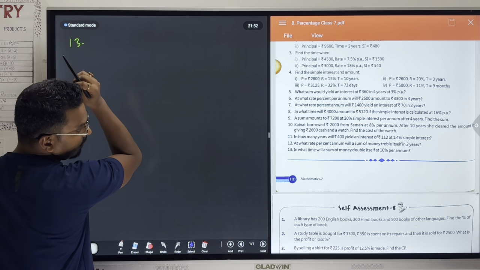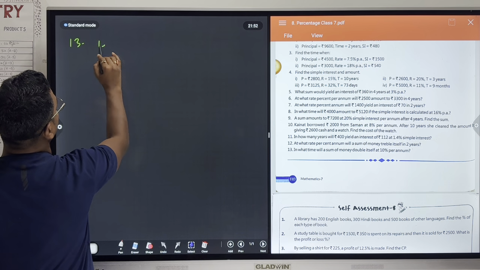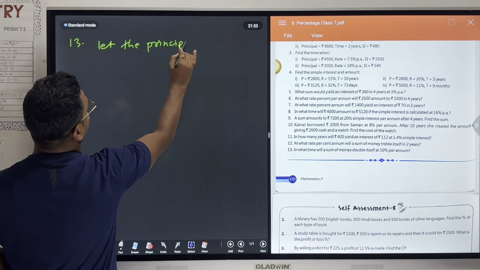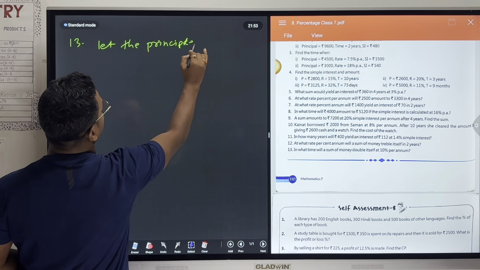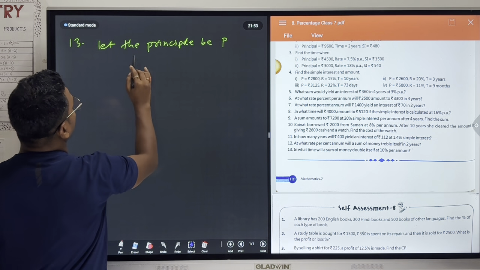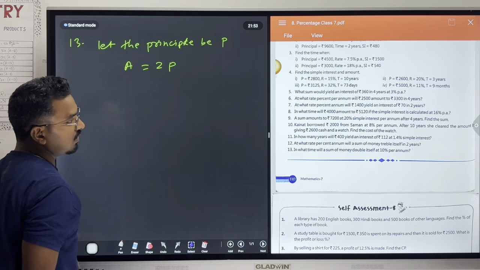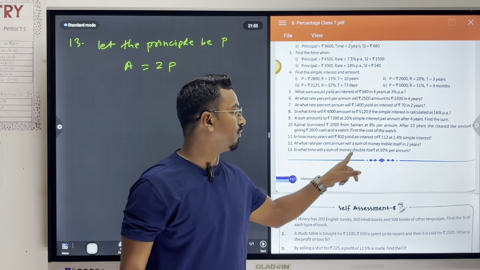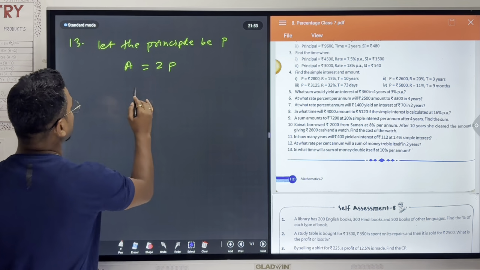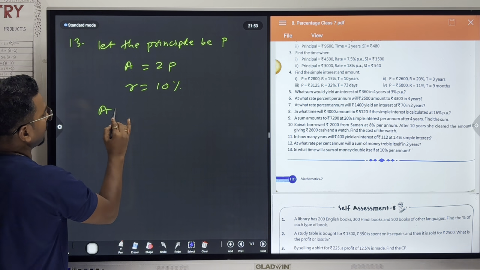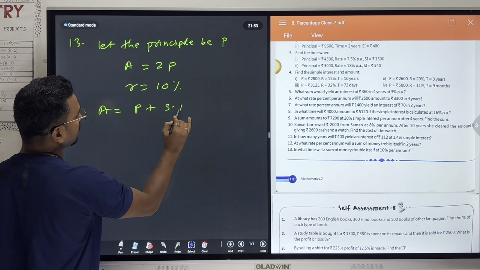So time is not given. Let the principal be P and the amount will become 2P, double, it said double. At what time will the sum of money double itself? The rate of interest is given as 10%. So here, same, amount equals principal plus simple interest.